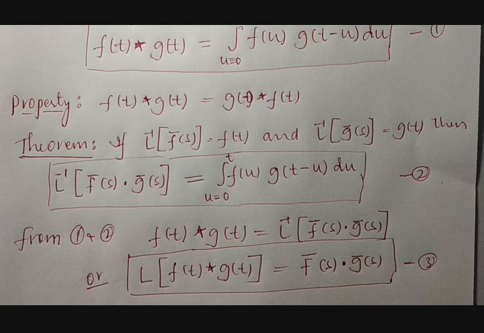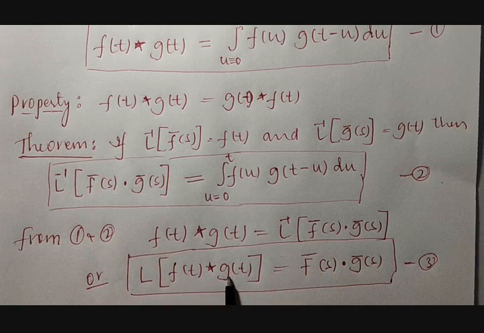Sometimes they will ask to obtain the Laplace transformation of a convolution of two given functions. Then how to calculate? Star is not any particular operation. It is just a convolution between these two, not like plus, minus, divided by, or into. So you have to take it symbolically.